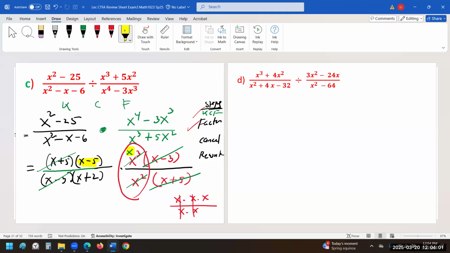So we have x minus 5 on the top, and what is left on the denominator? x plus 2. So we rewrite them in the proper position. On the numerator, we have x and x minus 5. On the denominator, we have only x plus 2. You don't have to multiply, leave it alone. And you're done.